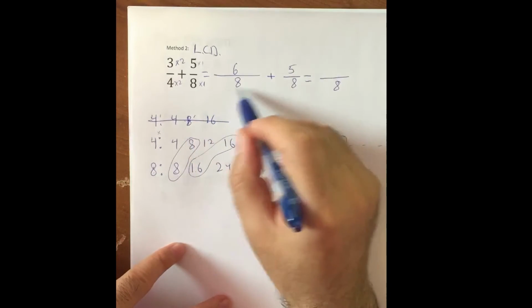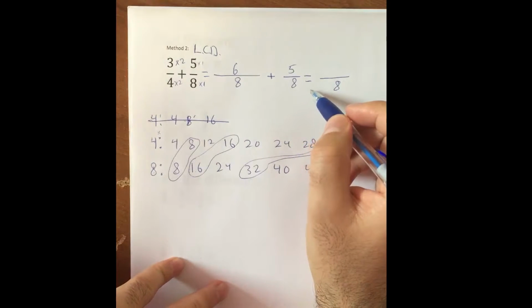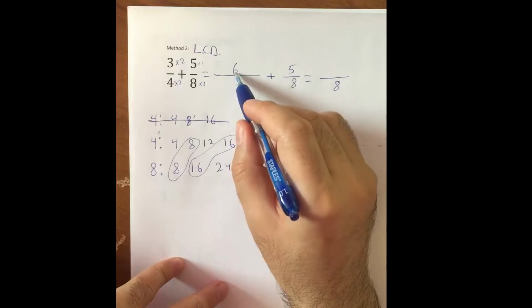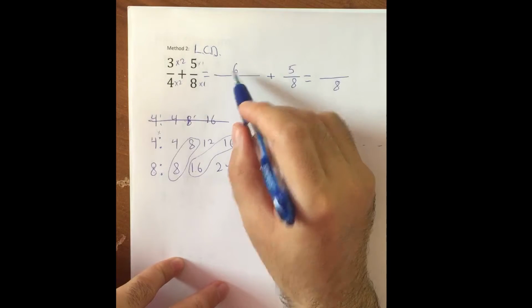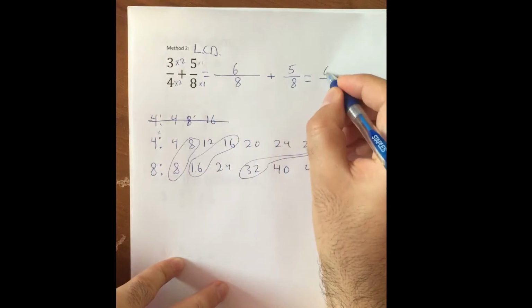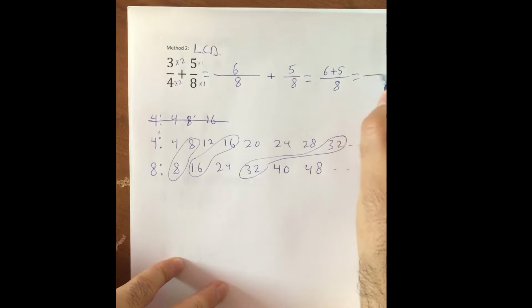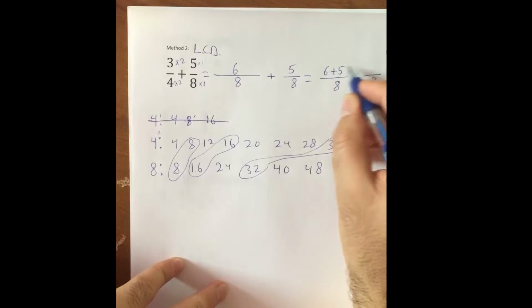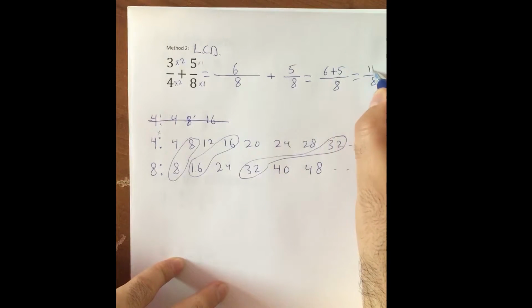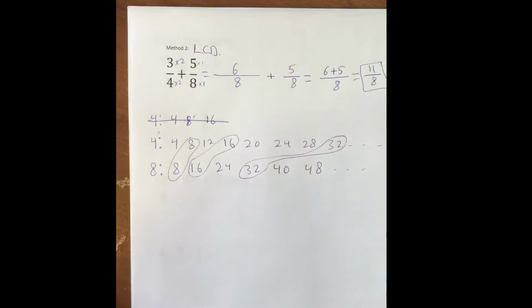You don't have to multiply like in method 1. You just write 8, and in the numerators you add them: 6 plus 5 is 11. So this is our final answer.